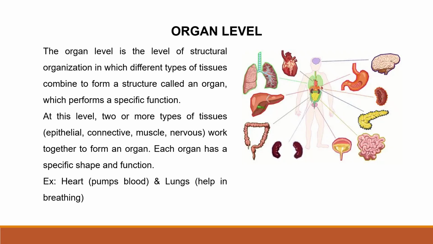The organ level means groups of tissues work together to form an organ, and each organ has a specific shape and different functions, and all this helps in coordinating a function. For example, the heart helps with the pumping of blood, and the lungs help with breathing.